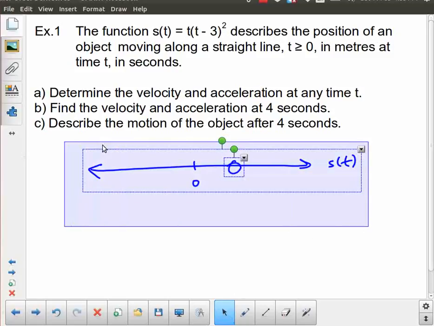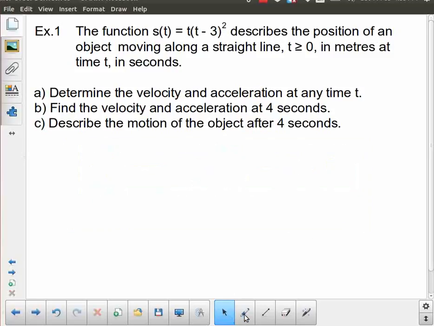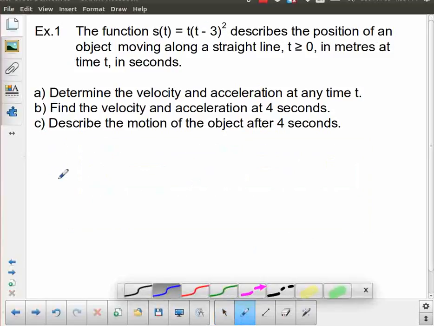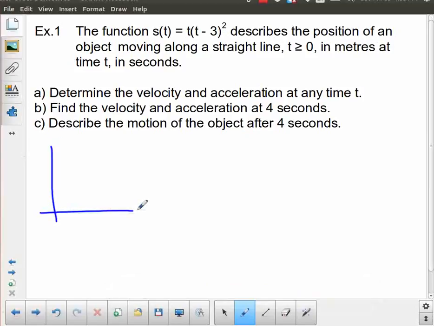You could, however, just graph the motion of the object as time goes forward. So rather than following the object as it moves back and forth on that line, you could also graph the motion of the object. So as it maybe starts off, it gets further away from the line, comes back, crosses the other way, etc.